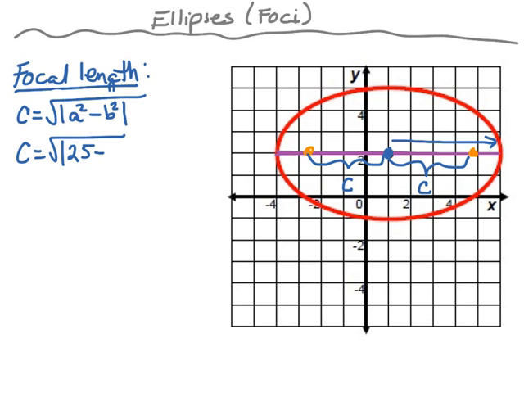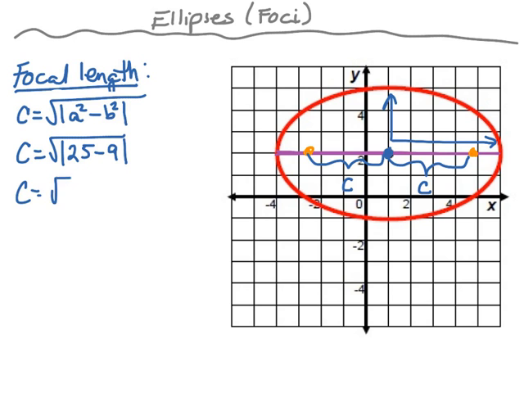Now what I'm going to need to do is find my vertical distance. So let's go ahead and find the vertical distance, the distance from the center up to this point here. And that's a distance of 3. But if I square the 3, that 3 becomes a 9. Alright, so if I subtract 25 minus 9, 25 minus 9 would be 16.